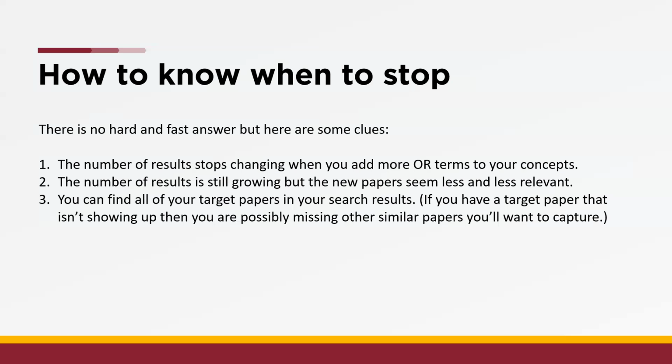If all of those are showing up, then that's good. You've captured them with your search and hopefully captured lots of things that are similar to them. If they are not showing up, then you're missing something, and you could be missing other papers that are similar to them. So you've got to tweak your search to hopefully capture those 5 to 10 articles.